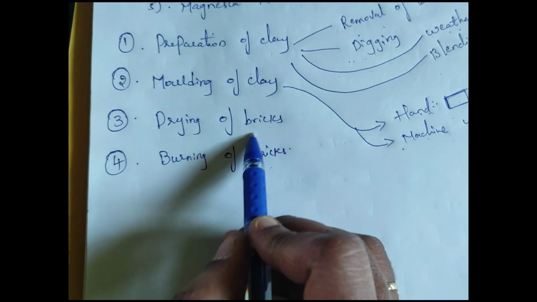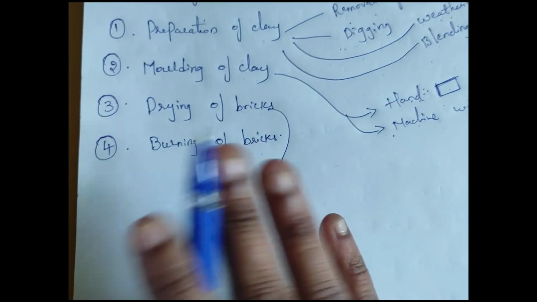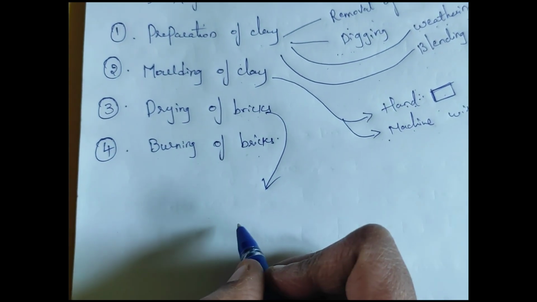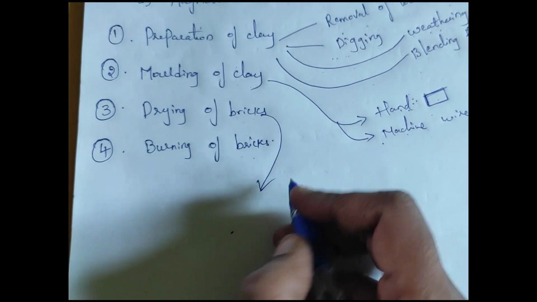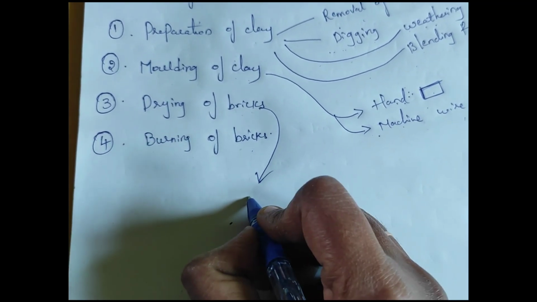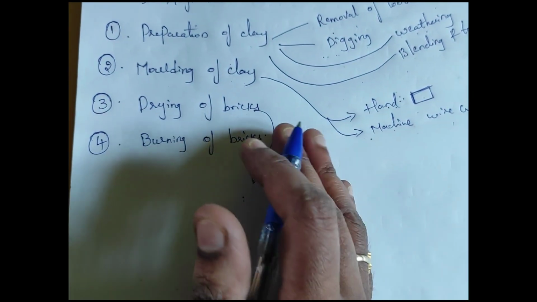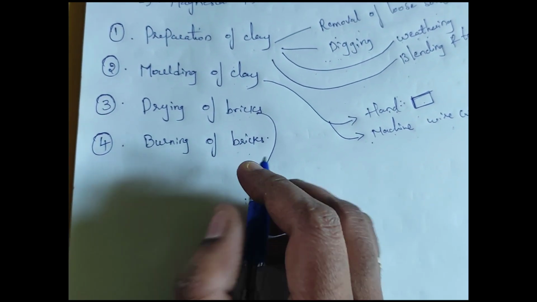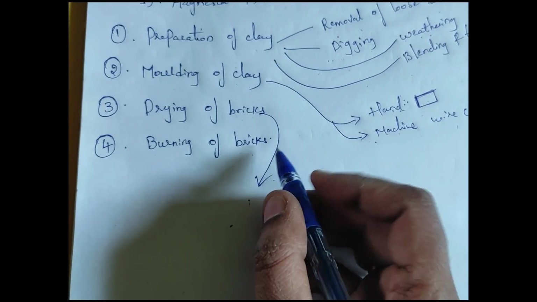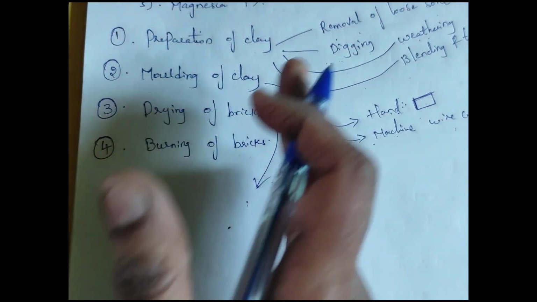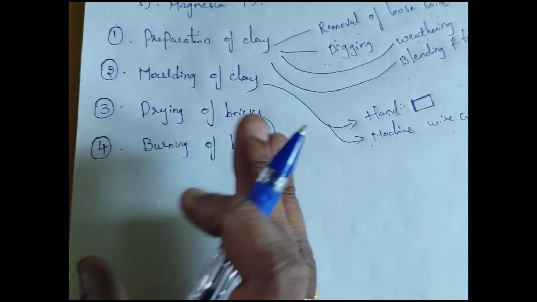The third one is drying of the bricks. Damp bricks, if burnt, are likely to be cracked and distorted. Hence the molded bricks are dried before they are taken to the next operation, burning. For drying, the bricks are laid longitudinally in stacks of width equal to 2 bricks.